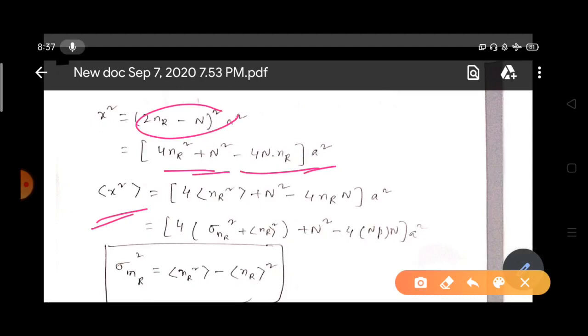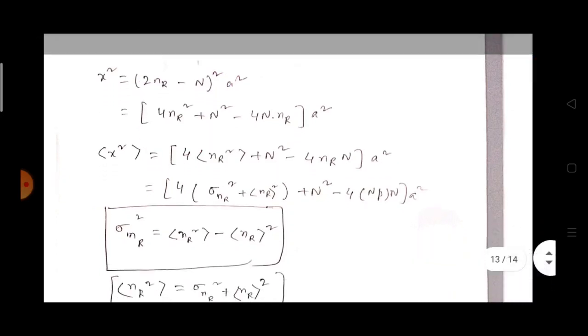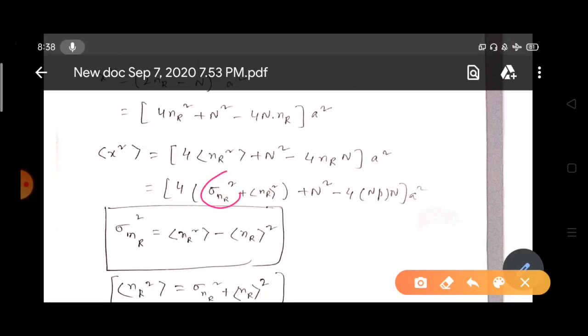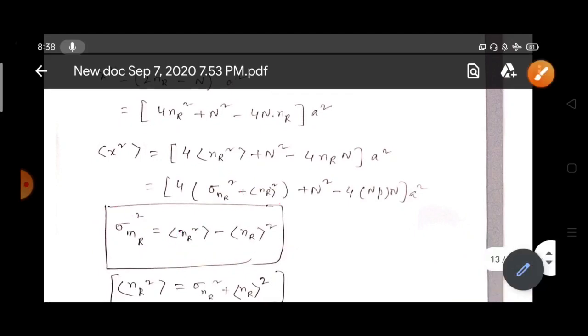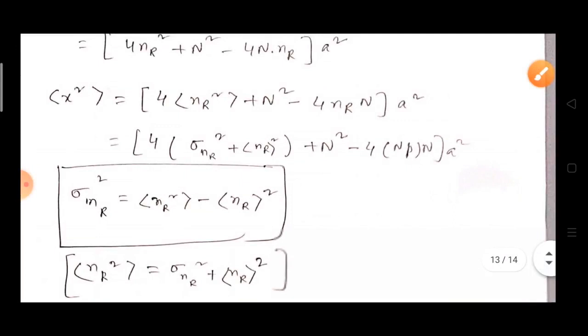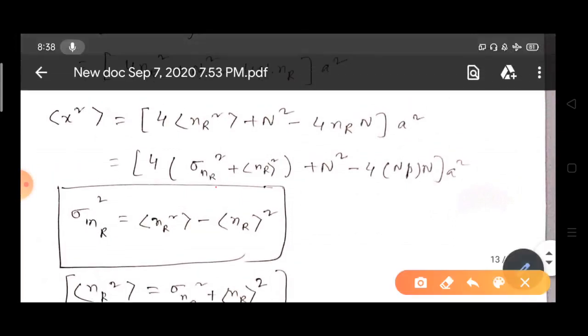So x square average is 4 nr square average plus n square minus 4 nr n, times a square. So nr square average can be written as sigma nr square plus nr average square, that is sigma nr square is nr square average minus nr average square. These are all the standard deviation. So you have to put this value here in place of nr square.